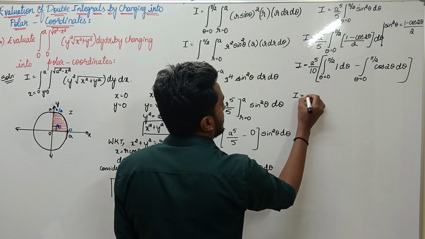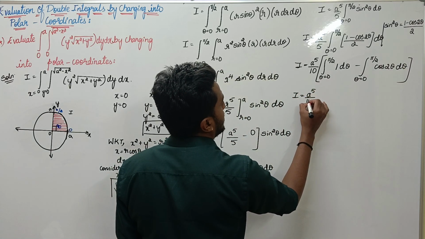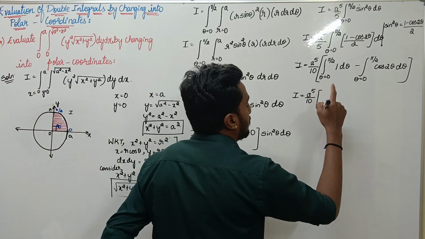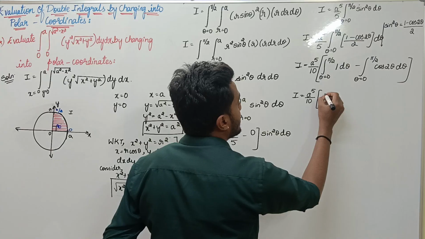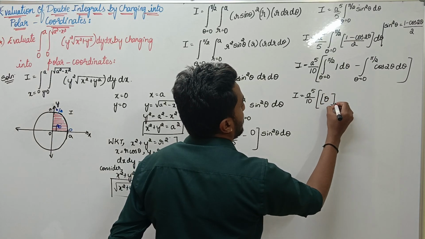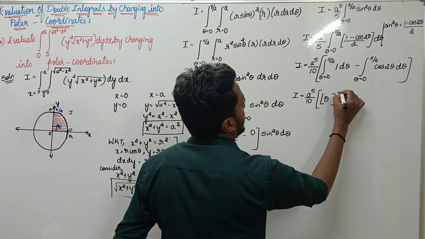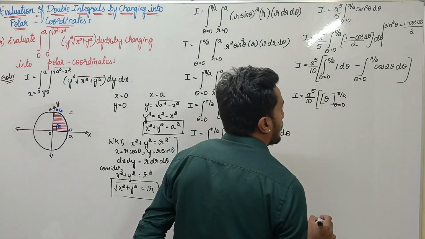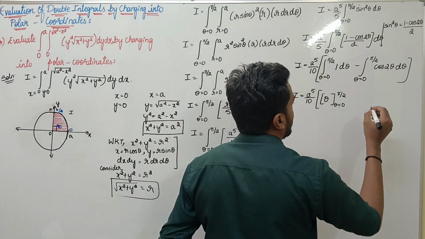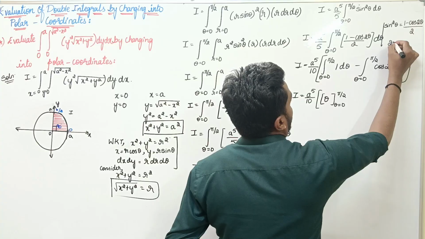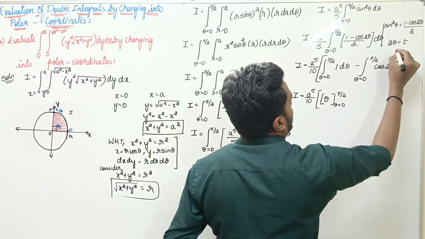Now I equals a power of 5 by 10 into the integration of 1 with respect to d theta, which is theta, theta varies from 0 to pi by 2. But here we are going to consider 2 theta equal to t.